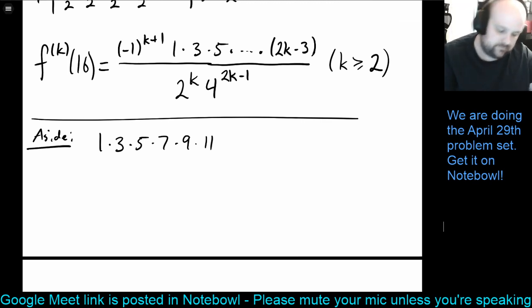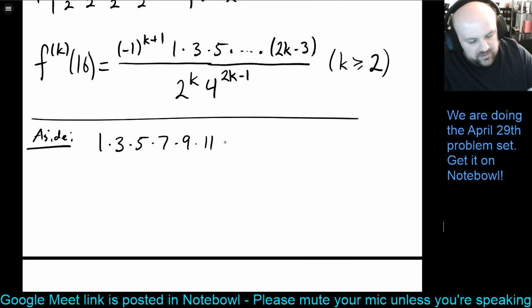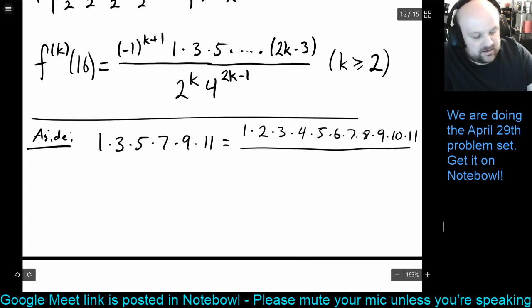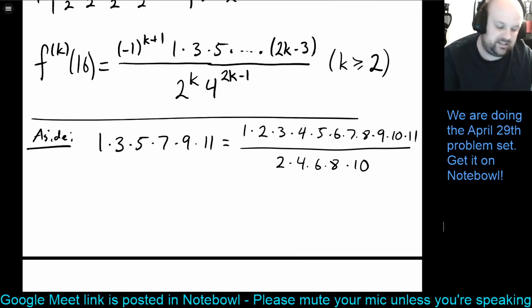and you want to write this down in terms of factorials, because this is almost like a factorial, but not quite, what we could do is fill in the missing numbers here, fill in those even numbers, but then divide by them. So we're not changing anything.